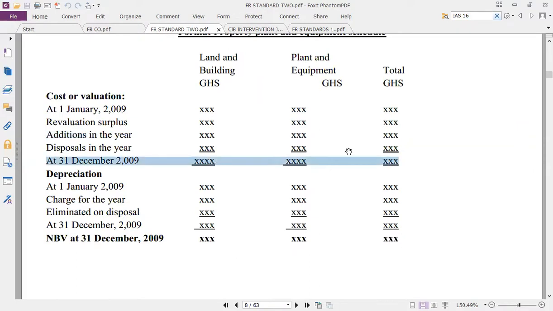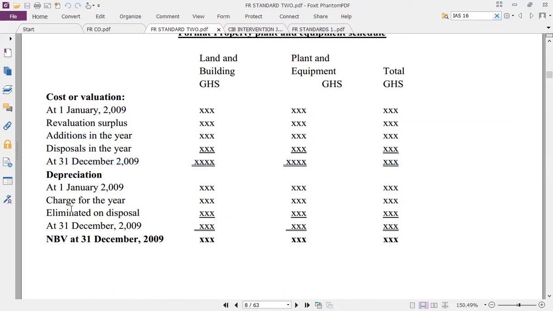Then you relax a while and come and write accumulated depreciation. Now you start with the opening balance on the individual assets. Then the charge for the year, the depreciation that you charge for that particular year, you add into it. Then eliminate or cancel all the accumulated depreciation on the disposed assets.